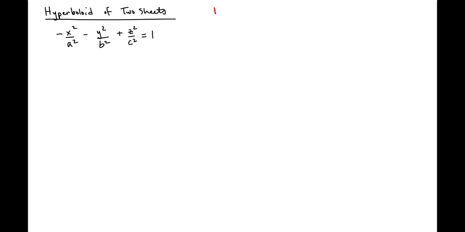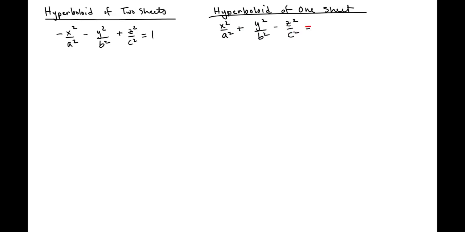This is different than the hyperboloid of one sheet that we've discussed previously. The hyperboloid of one sheet centered at the origin is given by the equation x squared over a squared plus y squared over b squared minus z squared over c squared is equal to 1.